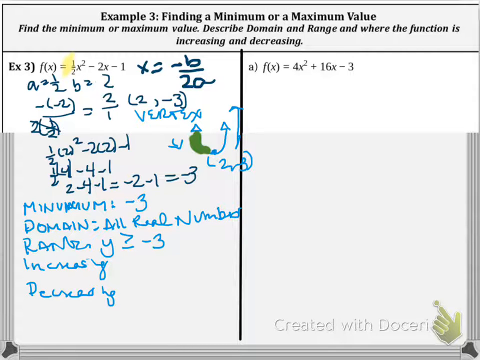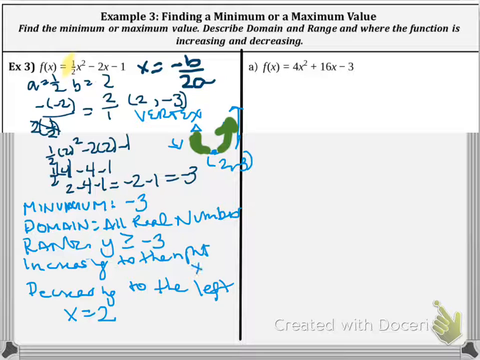The function is decreasing to the left of x equals 2. Now, on the right side, we see that it's going up. So therefore, it's increasing to the right of x equals 2. So pause the video, see if you can try example A, and when you unpause it, then you can see me work through the problem.